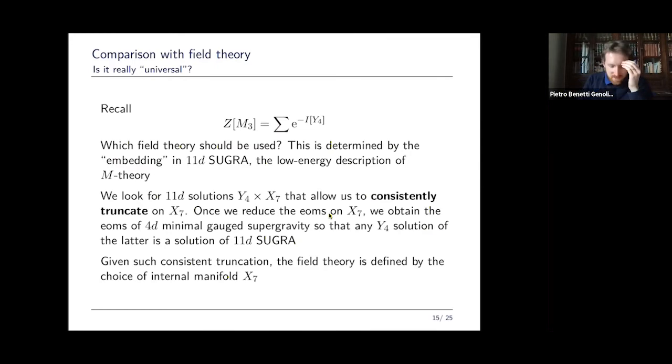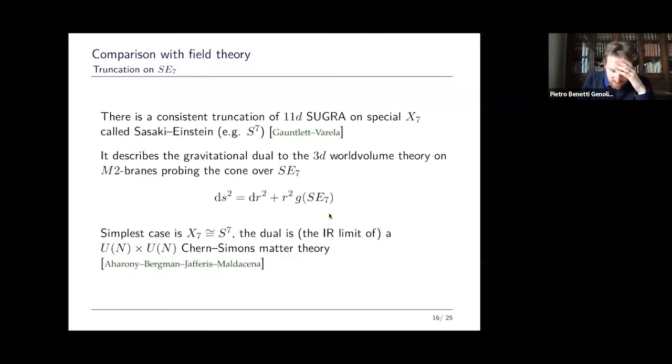I'm going to skip over most of this, but there is one consistent truncation that is done on a special class of 7-dimensional manifolds called Sasaki-Einstein. The sphere is the paradigmatic Sasaki-Einstein example, and it corresponds to some field theory.